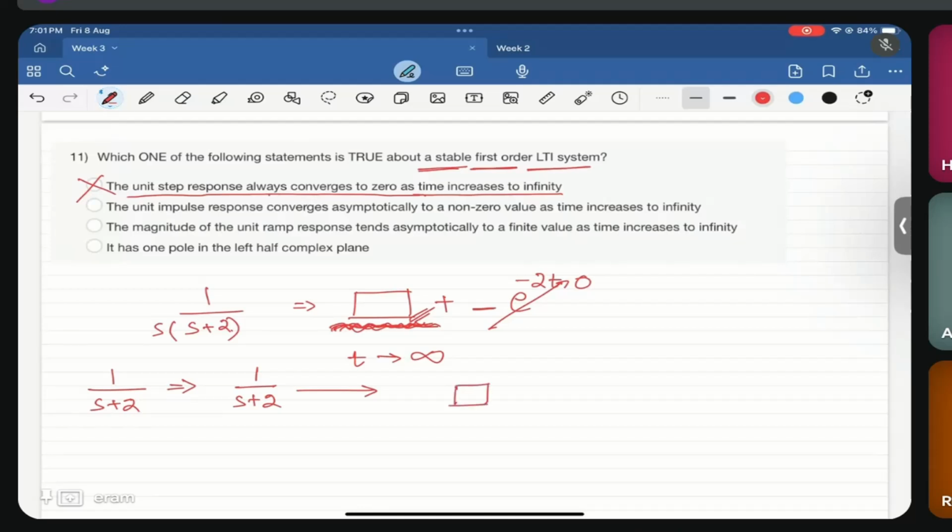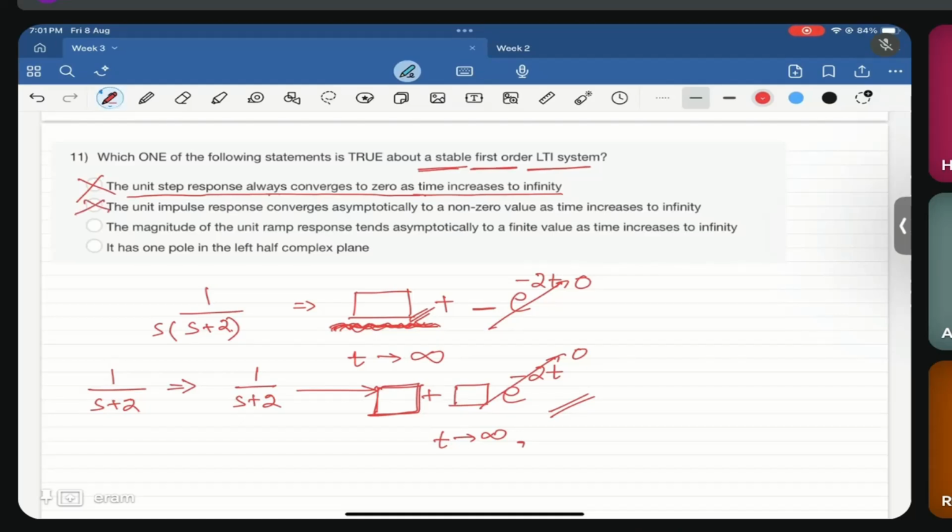It will be some factor multiplied with e to the power minus 2t, always like this. So as t goes to infinity, the response will always go to 0 because this term goes to 0 and there is no constant term here. So this option is also not correct, because it says the response converges asymptotically to a non-zero value, but we have seen an example where it goes to 0.